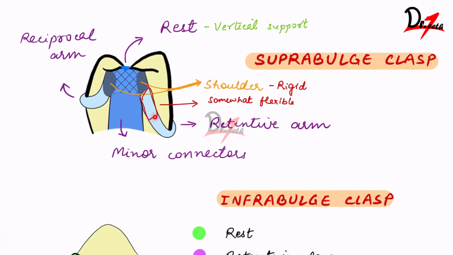So because this is thinner compared to this one, it will have a somewhat flexible nature. Now coming to this portion, this is the terminus. We have talked about it, remember? So it has an even smaller cross section compared to this one, and it has the greatest flexibility.